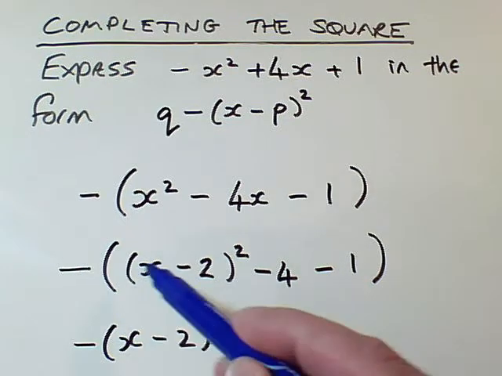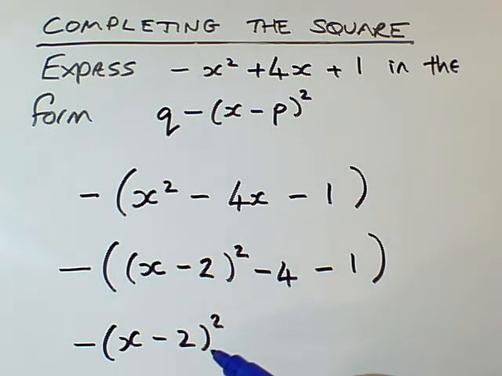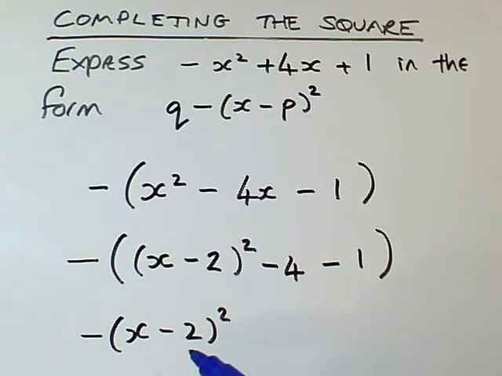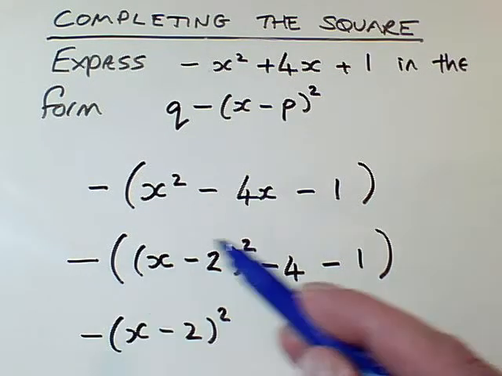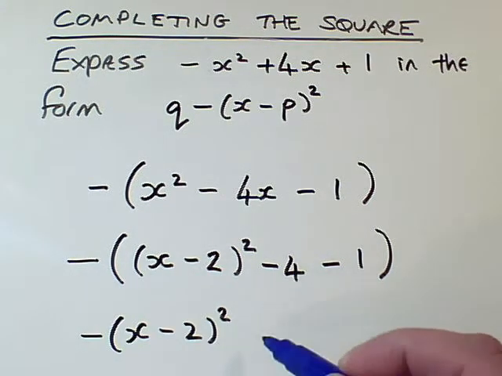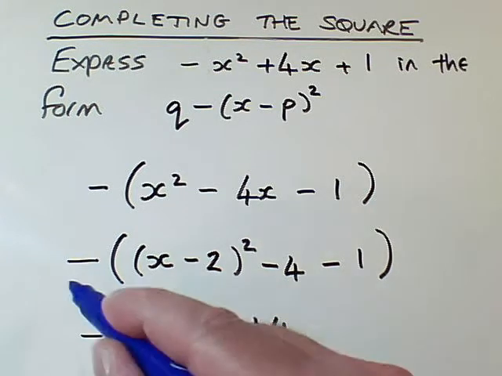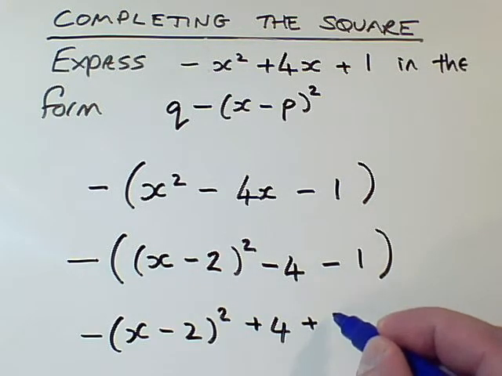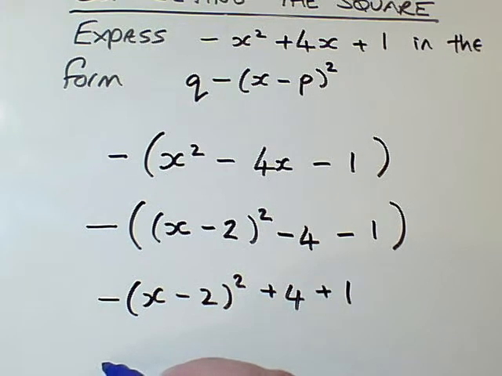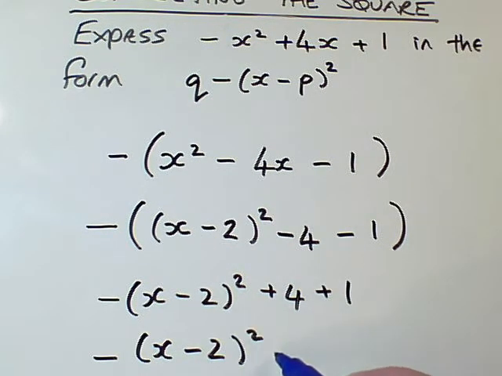It's just whatever I've got here in front of the bracket. Don't try and multiply inside the bracket, because that will be wrong. And then minus 1 times the minus 4 is plus 4. And minus 1 times the minus 1 is plus 1. So my final answer is minus x minus 2 squared plus 5.